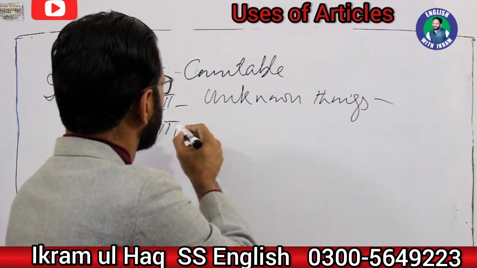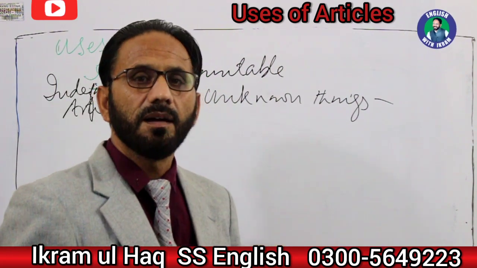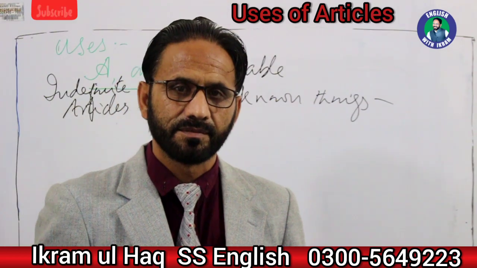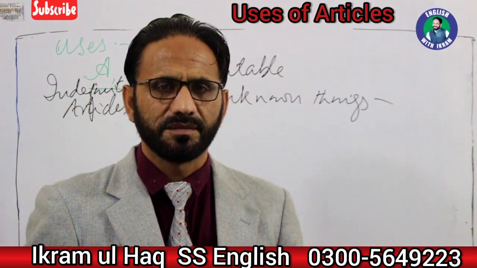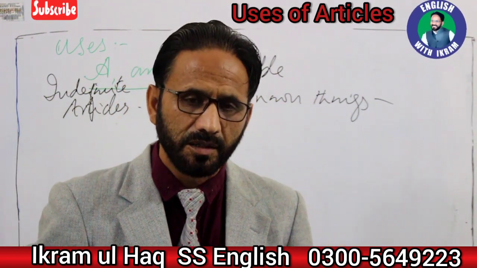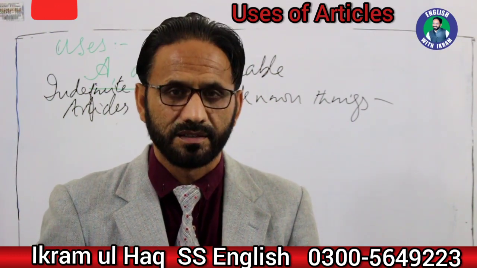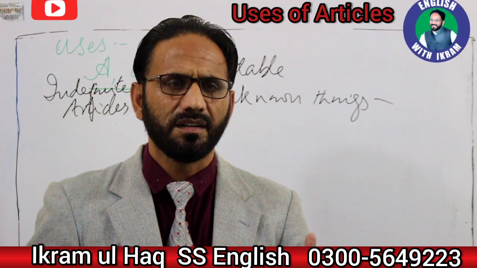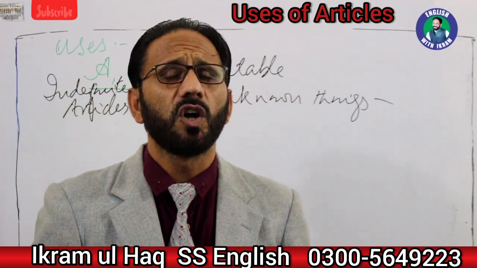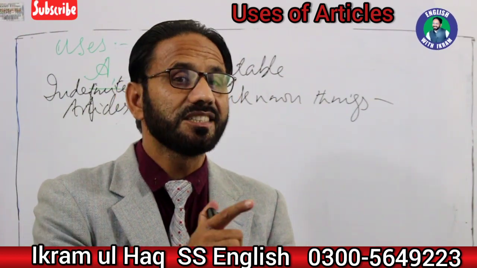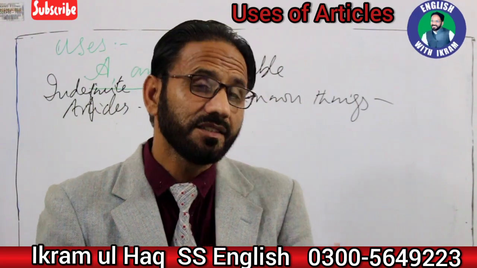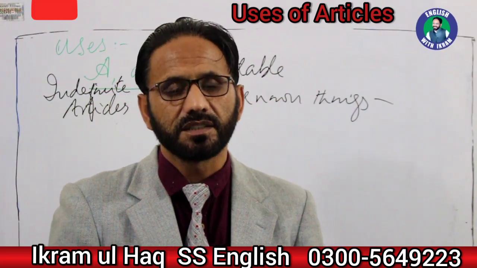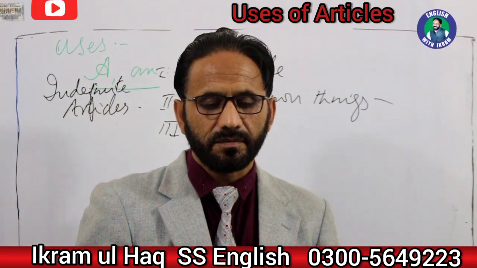I have bought a mobile yesterday. I have bought a new car. So whichever noun you mention, if it is not known to the listener, he doesn't know about it, then you use the article a or an.